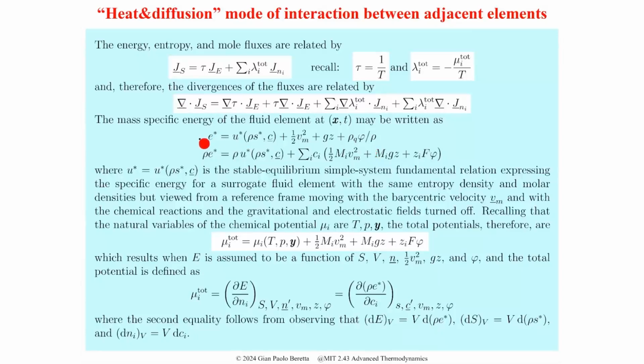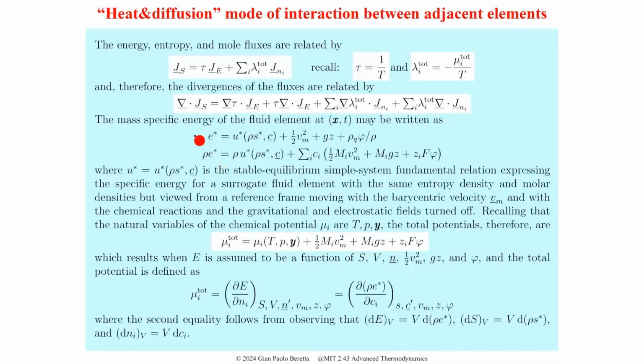If you multiply this by rho, and I put all the stars just to be pedantic, but at least we know what we're talking about, we get this expression here.